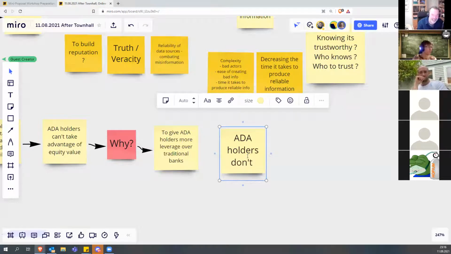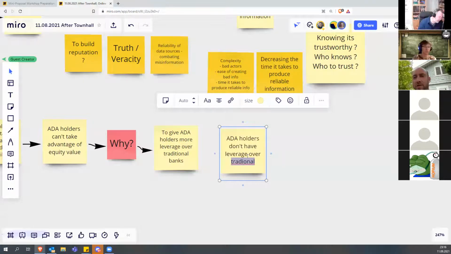Yeah, which is bad, because we're kind of stuck to banks essentially. But isn't it more about leveraging the assets, not leverage over the banks? Something like: ADA holders can't leverage their ADA the way they can leverage traditional financial assets. Yeah, 100%. You nailed it.